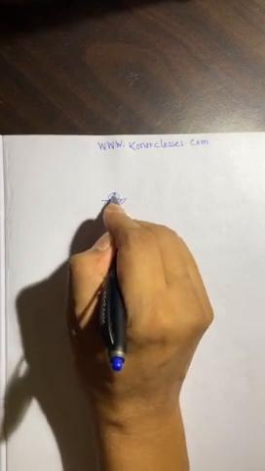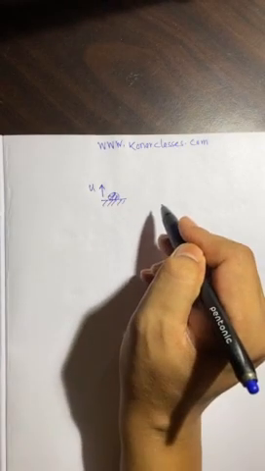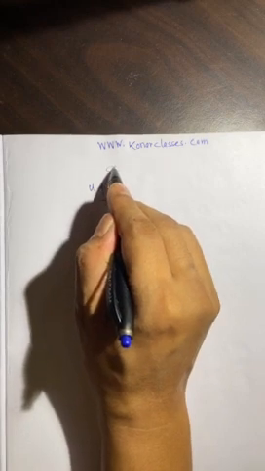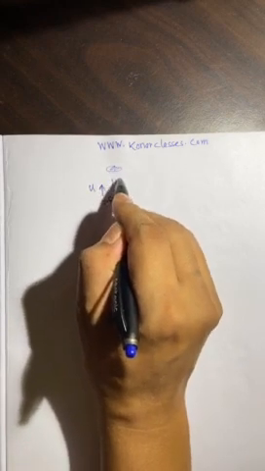So here, this particular object is thrown vertically upward with initial velocity u, and let us consider it reaches a maximum height h.